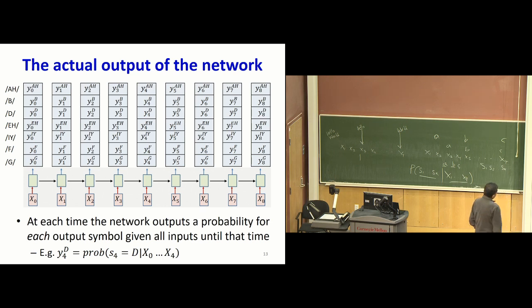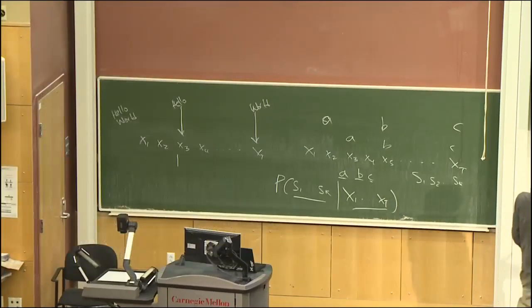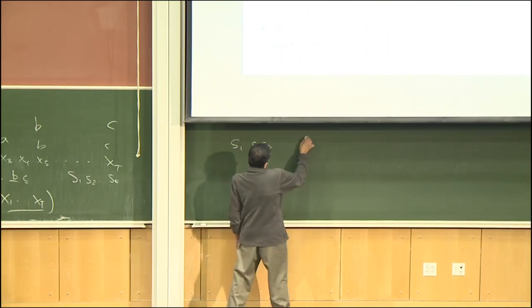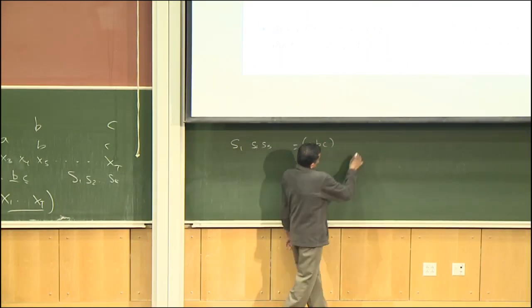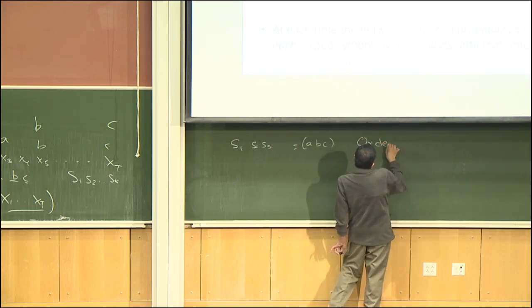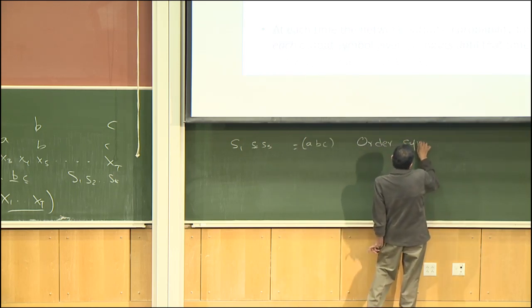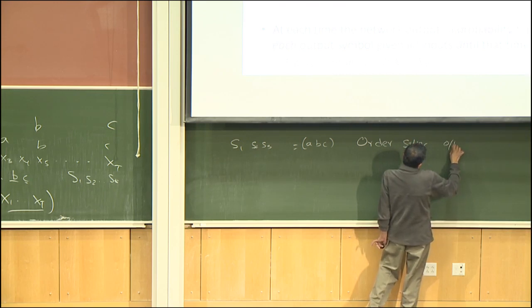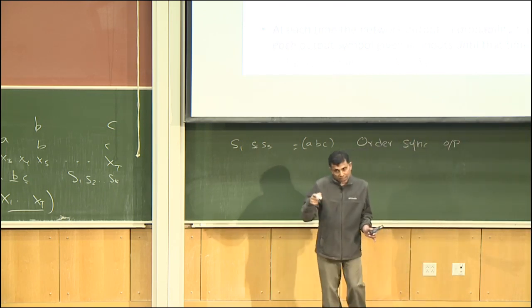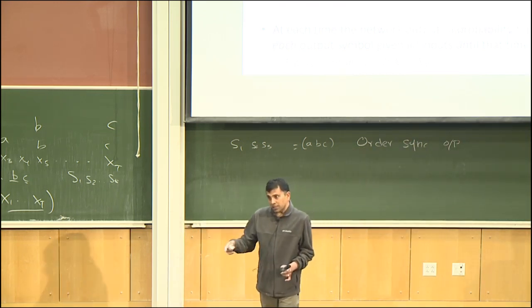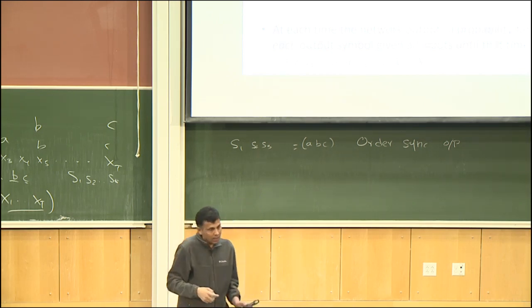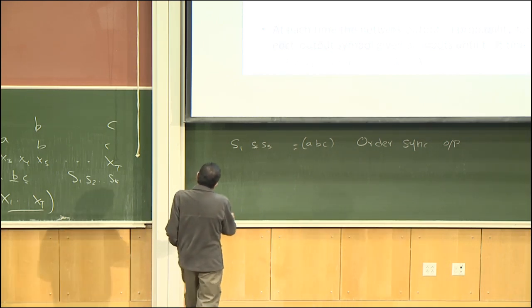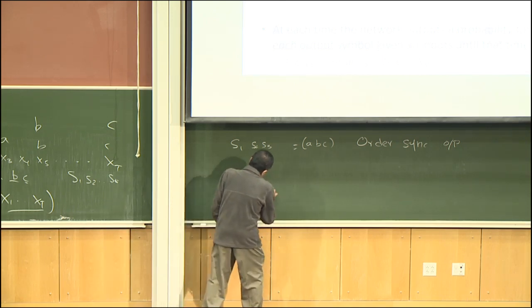Now this is key, okay? So something like S1, S2, S3, which might be say ABC, right? This I will call my order synchronous output, okay? Which just tells me how many symbols there are, what symbols there are, but it doesn't tell me when the symbols occur, okay?